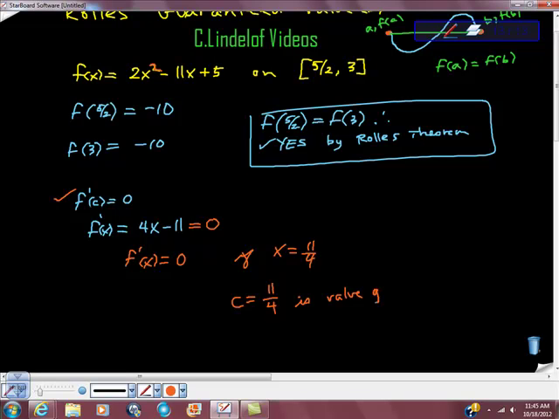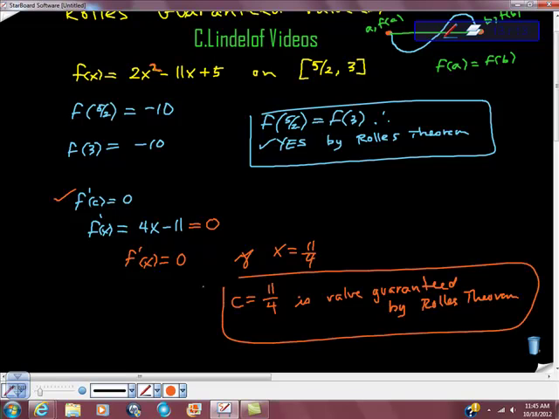Is the value guaranteed by Rolle's theorem. You might be asking, have I crossed the line? Am I hugging them now instead of holding hands? Maybe. It's not a full-on hug. Maybe it's like an arm around the shoulder or something.